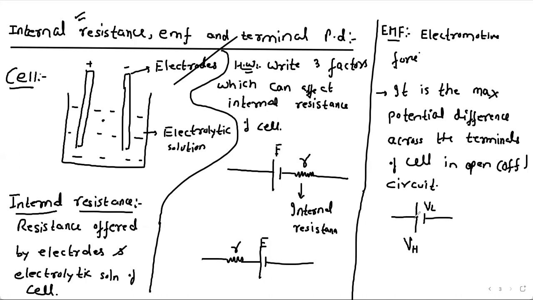So when this cell is in open circuit, then the potential difference between the higher terminal and this lower terminal is EMF. So this EMF is basically VH minus VL. So this is the meaning of EMF of the cell. EMF is the maximum potential difference between the terminals of the cell in open circuit.